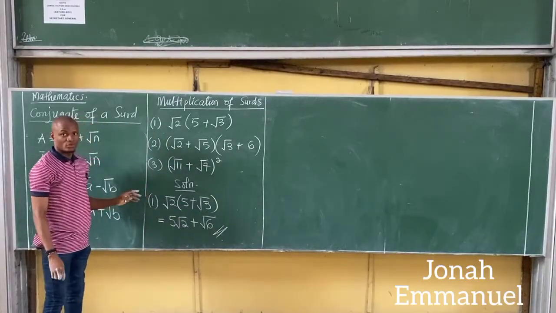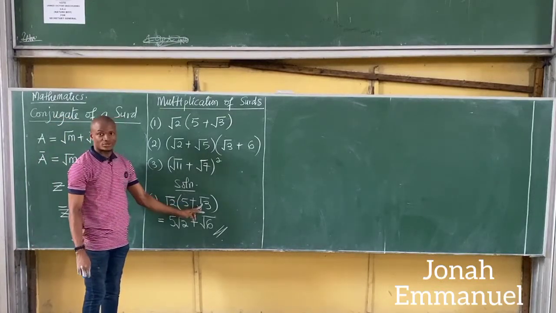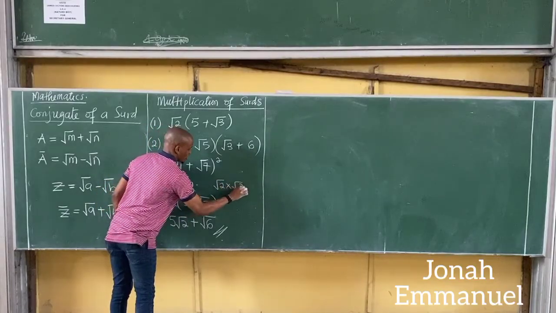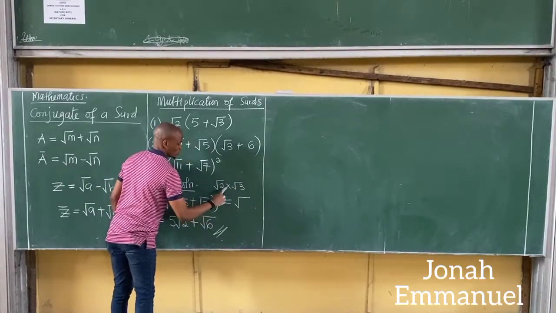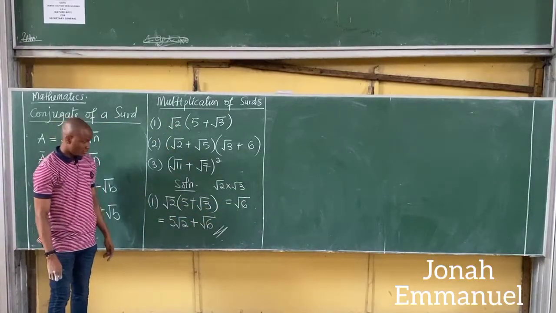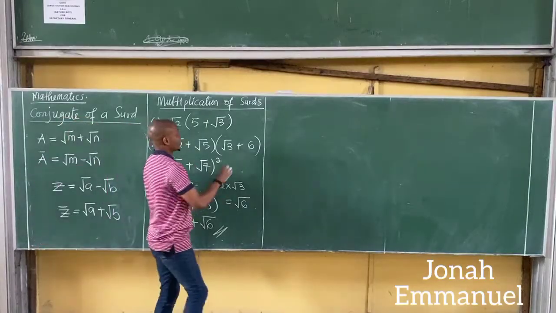That's all. Look at this. We said root 2 times root 3 is equal to root 2 times 3. That's root 6. And here is 5 root 2. That's 5 and 2. Number 2.